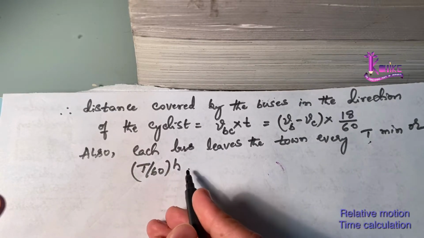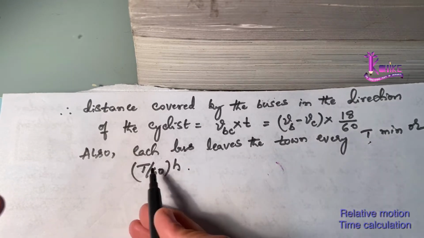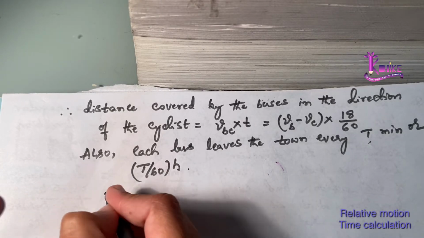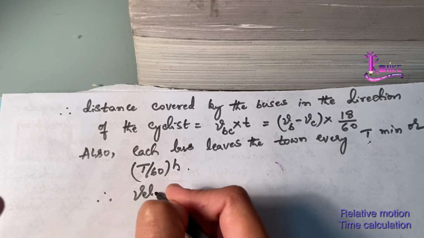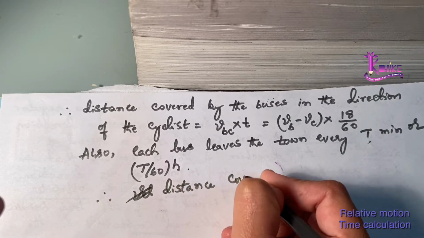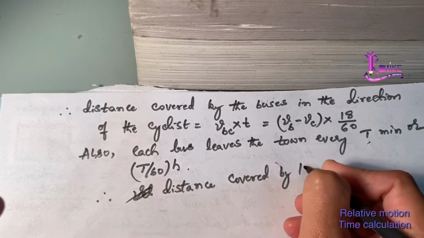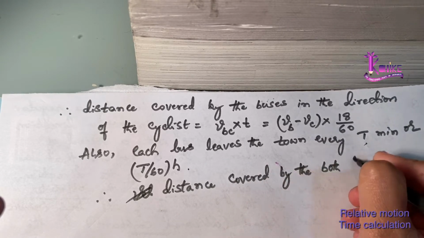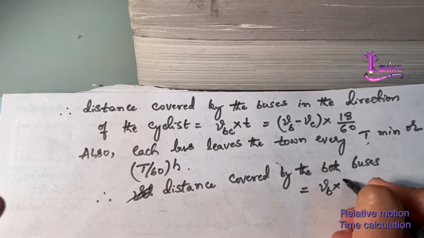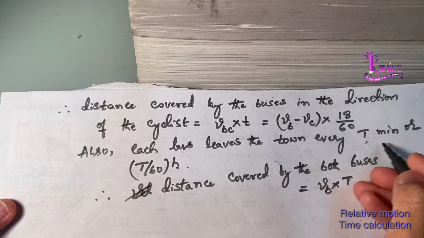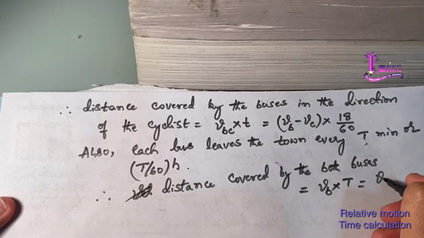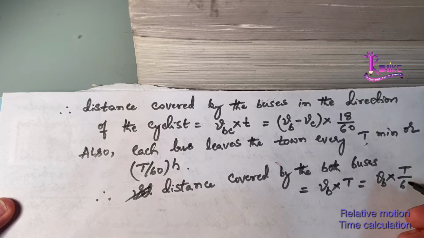So since each bus leaves the town in a time t by 60 hour, and the velocity of each bus we have assumed to be VB, therefore we can also write the distance covered by the buses as equal to the velocity of the buses into the time at which it leaves each station, town B and town A. That is VB into t by 60, right?